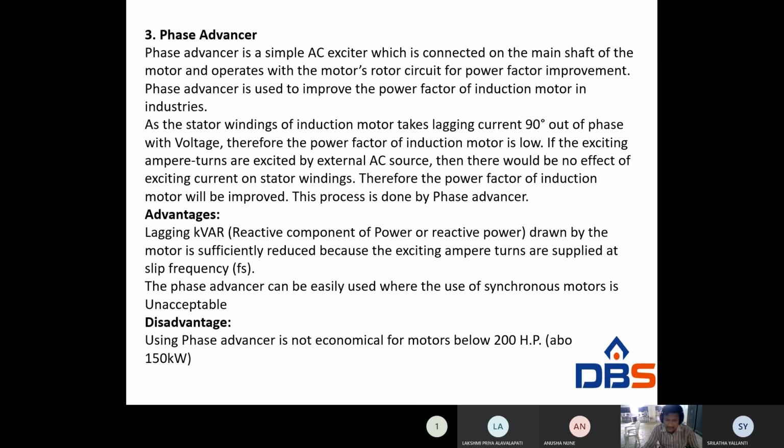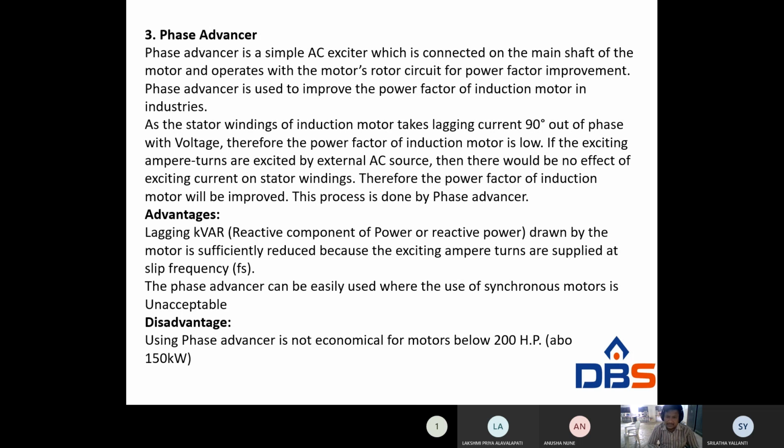Now, phase advancers. A phase advancer is a simple method used to improve the power factor of induction motors. We utilize the phase advancer mostly to improve the power factor of an induction motor.